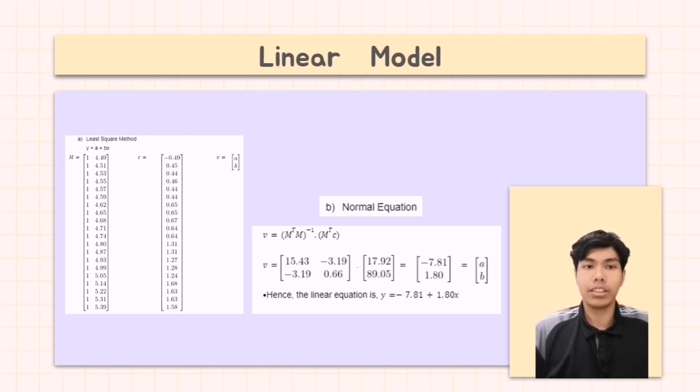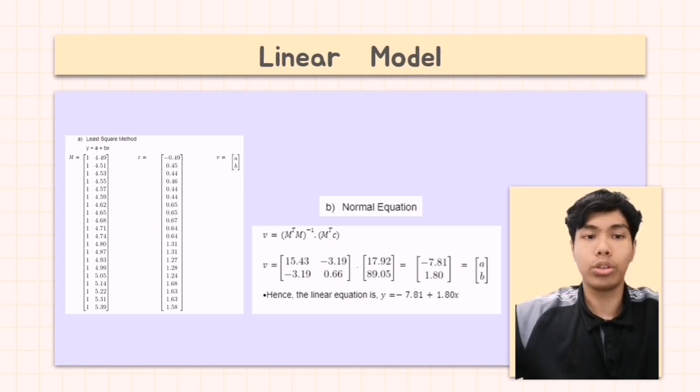The formula is the inverse of M transpose M multiplied by M transpose C, and then you will get the matrix of 7.92 and 89.05. Therefore, you can get the equation for the linear model, which is y equals negative 7.81 plus 1.80x.